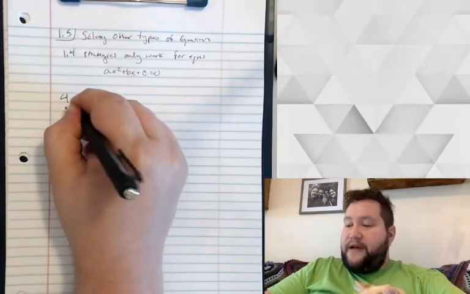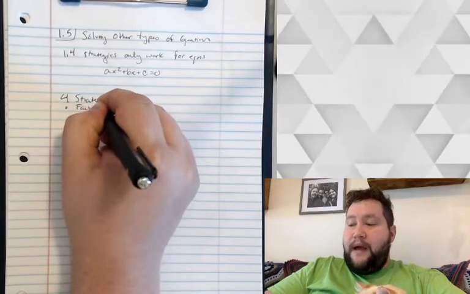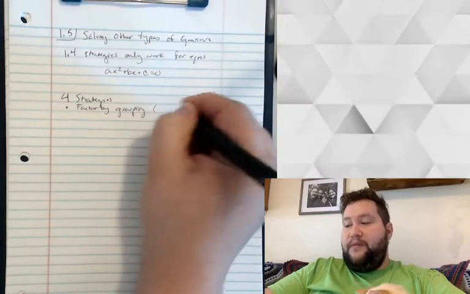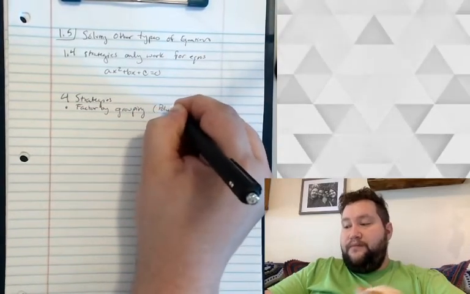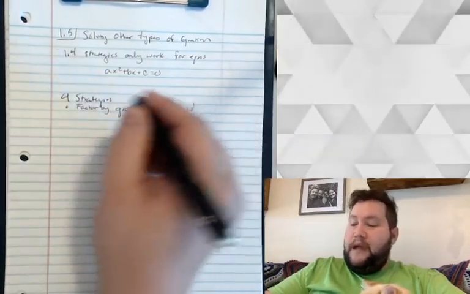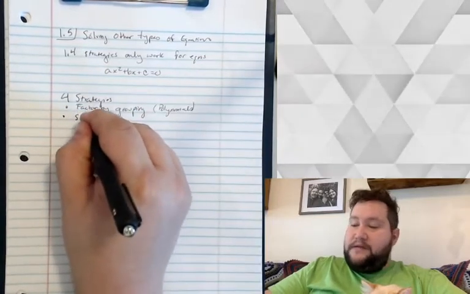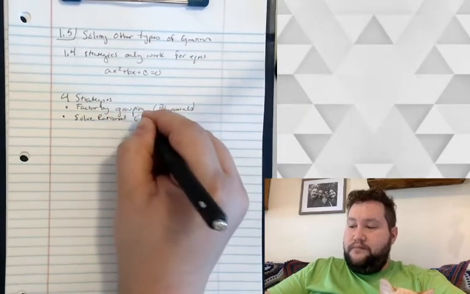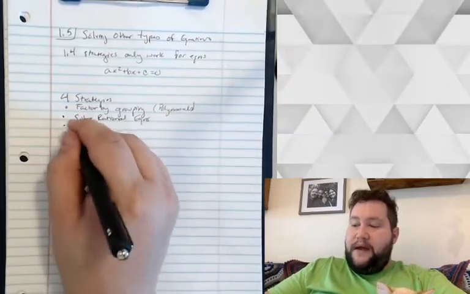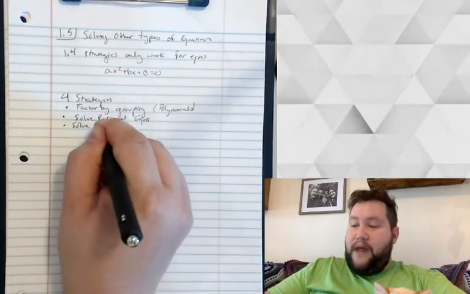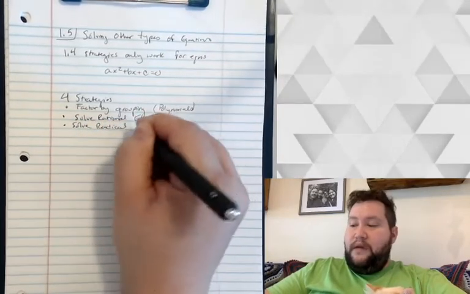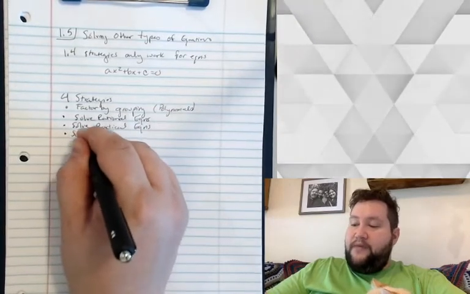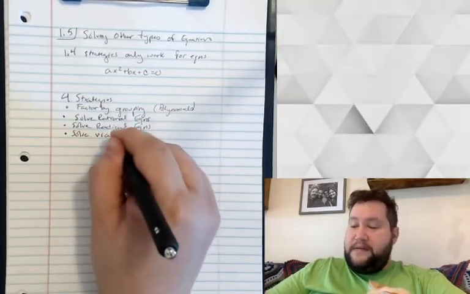So we're going to talk about factor by grouping, and this is particularly useful when working with polynomials. And then we're going to talk about how we solve rational equations, how to solve radical equations, and how we solve other special ones via substitution.